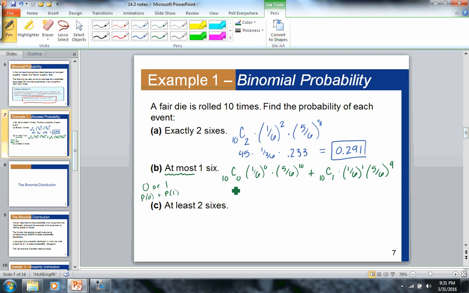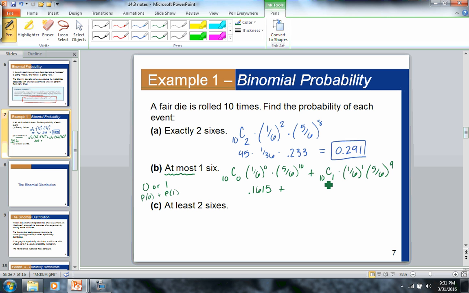So when we do the 10 combination 0, the 1/6 to the 0 power, that's going to be a 1, and then the 5/6 to the 10th power, and we multiply those together, you should get 0.1615.